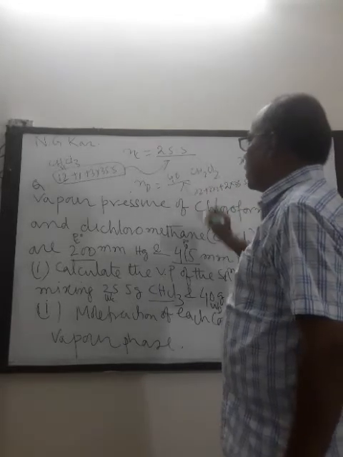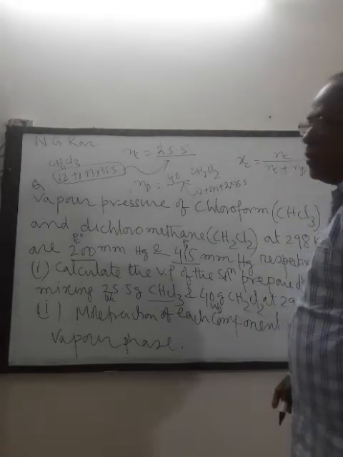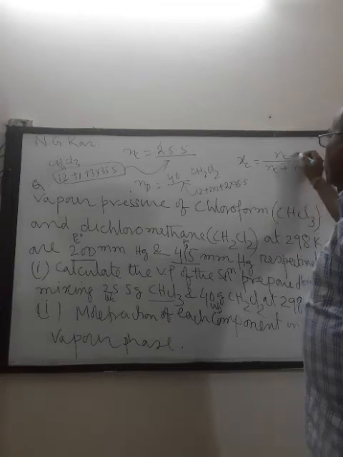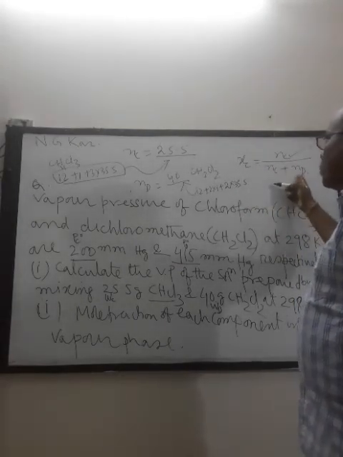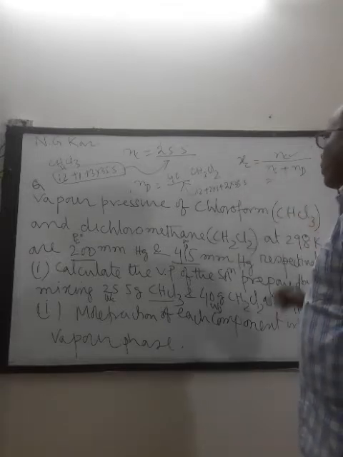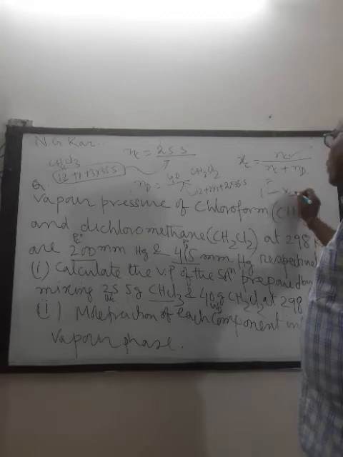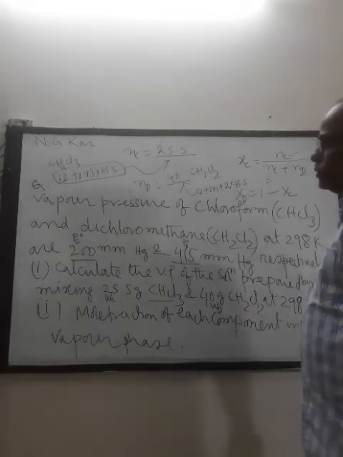So if we put it here, we get the number of moles of dichloromethane. Now if we put the number of moles of chloroform and the number of moles of dichloromethane here, we ultimately get the mole fraction of chloroform. Then 1 minus mole fraction of chloroform equals the mole fraction of dichloromethane.